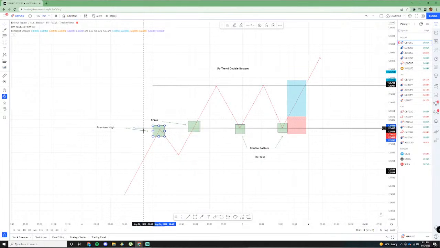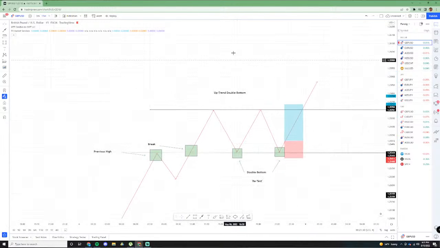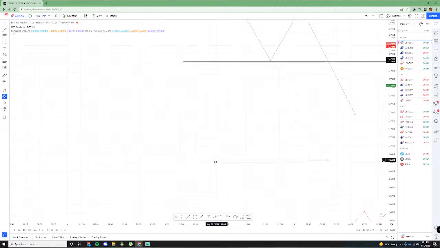Like I said, you have to identify the previous high, the behavioral change in the market when it breaks, and then it respecting this level. Once you see that it's respecting this level, you're good to take buys. And now the same thing for downtrends.